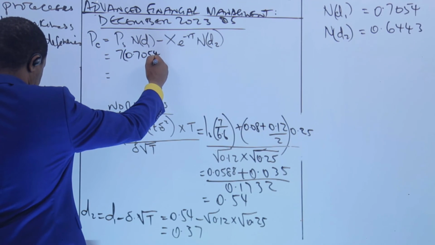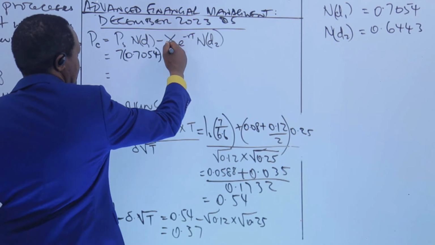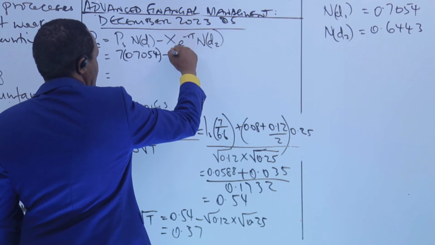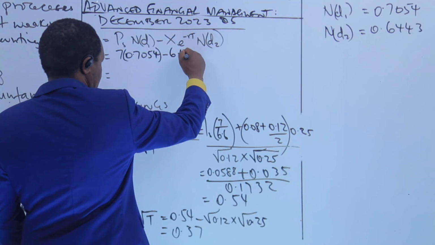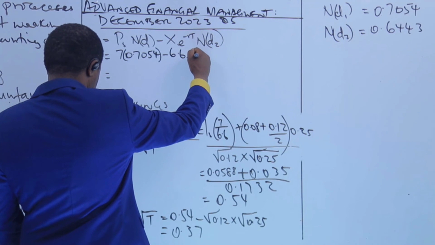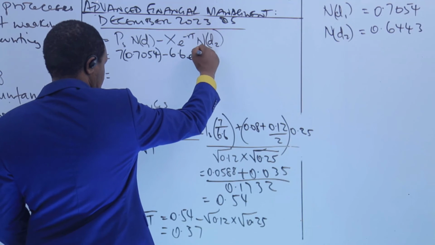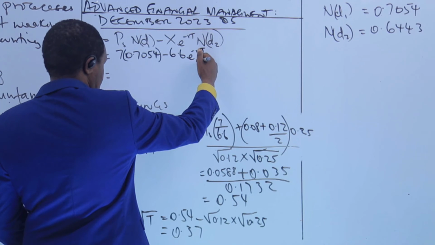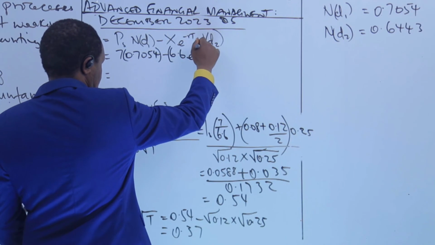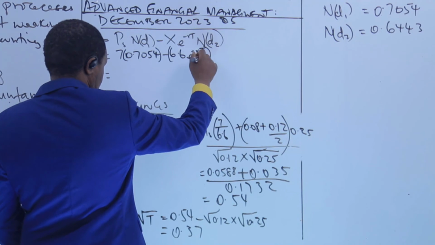All right, this we multiply, minus X is 6.66 multiplied by the exponential constant raised to RT. This, we get that one value, and R we have it.